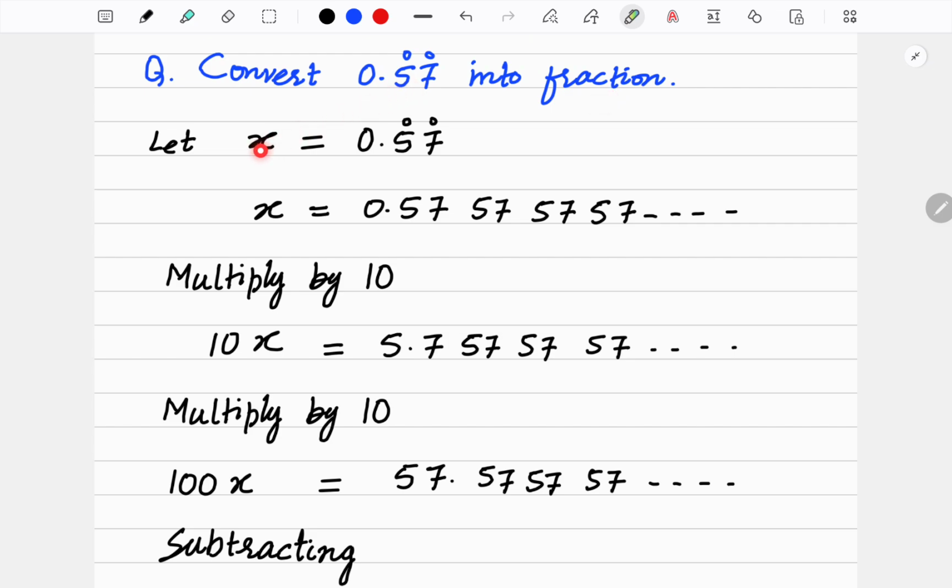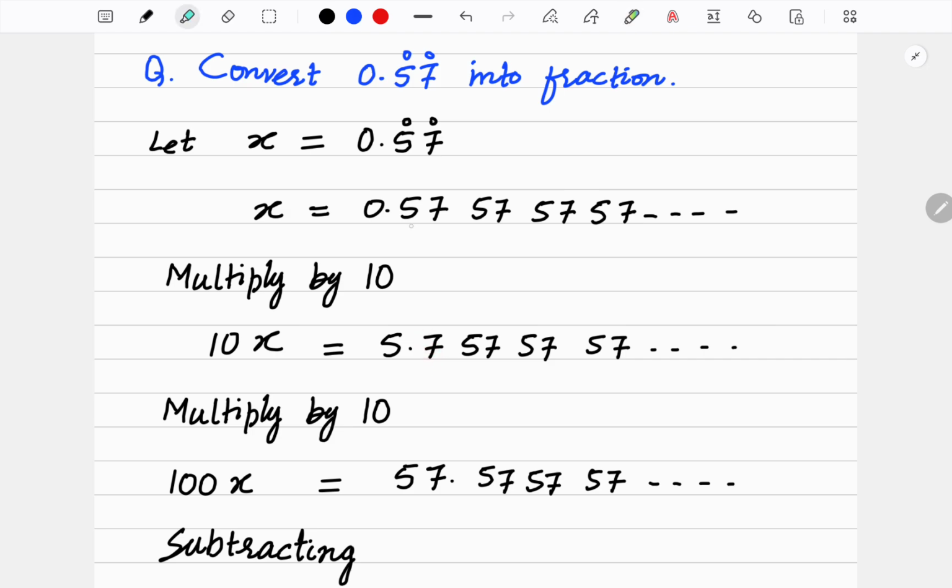First introduce any alphabet like x. x is 0.5 dot 7 dot. As 5 and 7 both have the repeating symbol, we will write 5 7 four times: 5 7 5 7 5 7... Now keep multiplying by 10. x becomes 10x and 0.57 becomes 5.7.